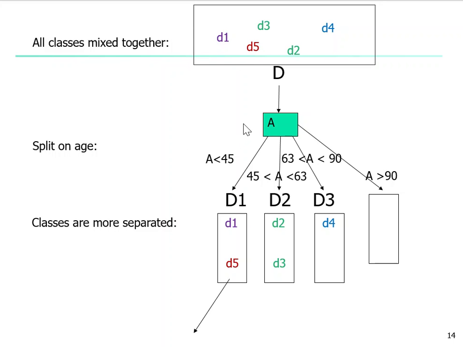If at this point we decide to use age to split the data, then based on the age of the observations, we can dispatch them into different branches. Observations with age younger than 45 go to this branch, and in different age ranges they go to separate child nodes.